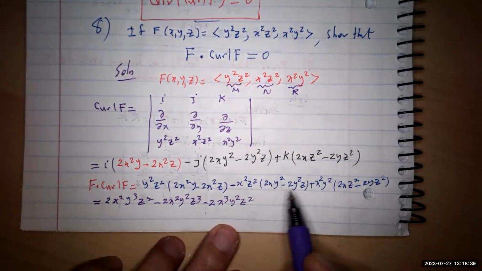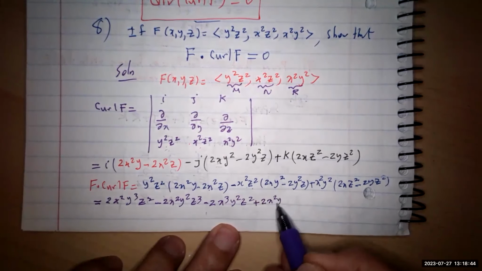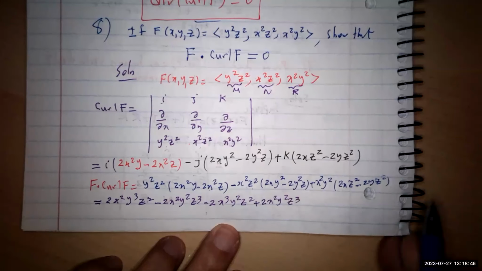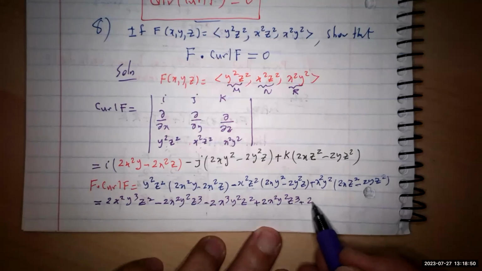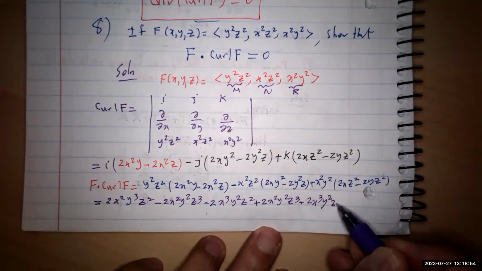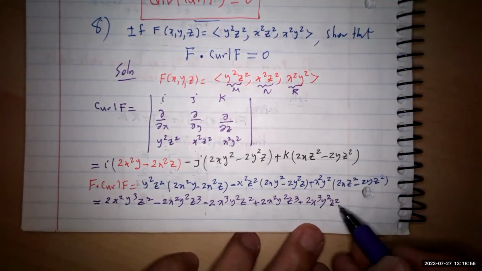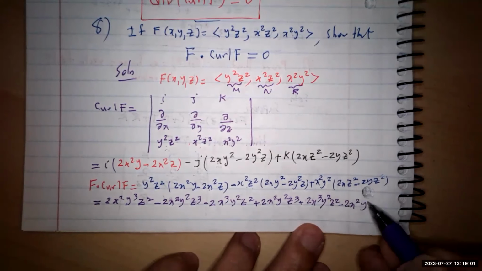This one, negative would be positive, positive 2x squared y squared z cubed. And the last ones give you 2x cubed y squared z squared, and finally minus 2x squared y cubed z squared.